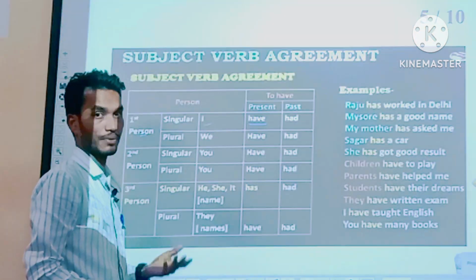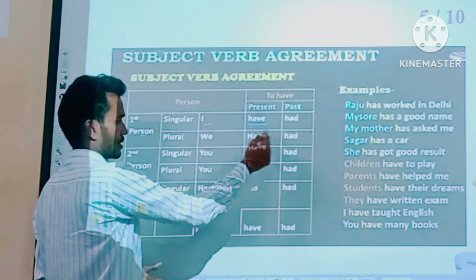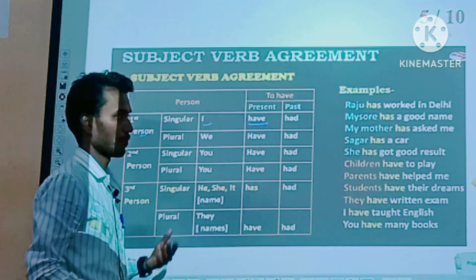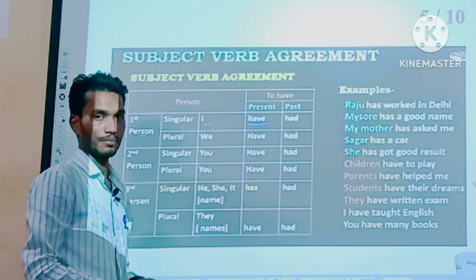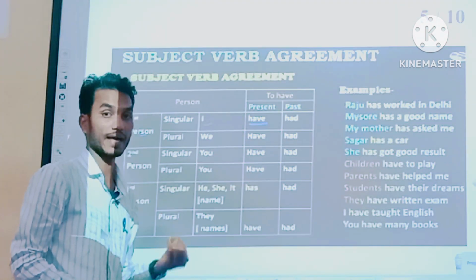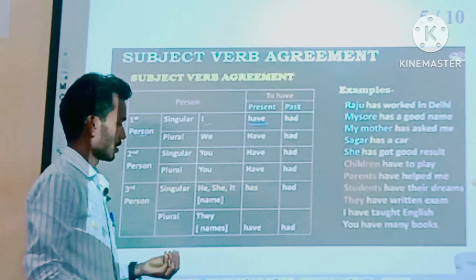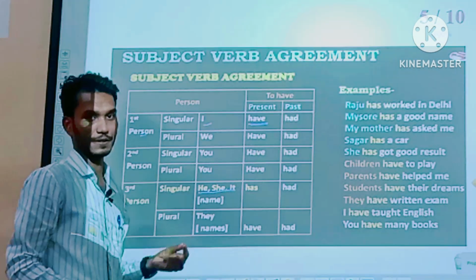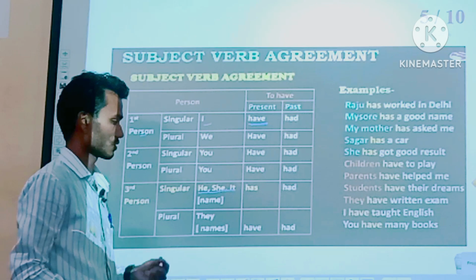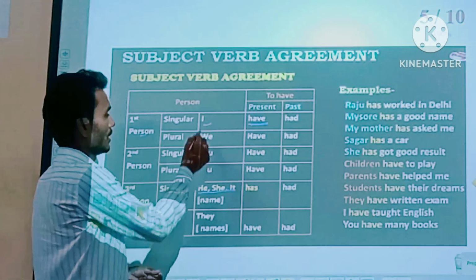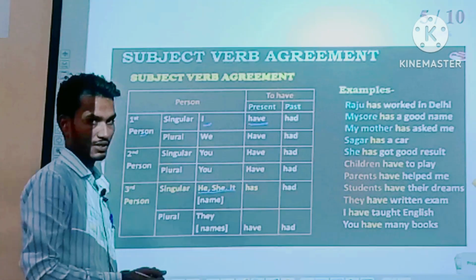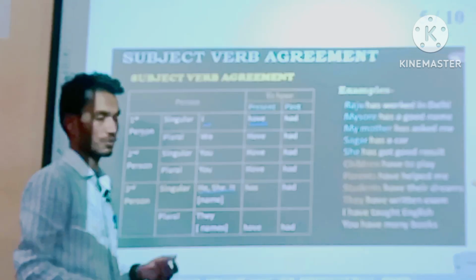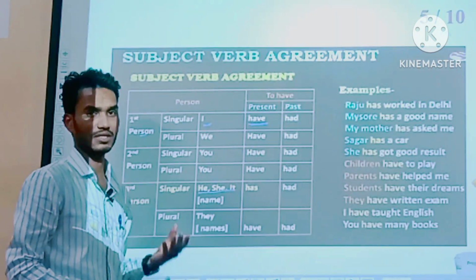I have, in present tense, it's not in past tense, right? I have a pen, right? But we should not say I has a pen, it's wrong. Here, third person singular, he, she, it, there we should use has. But in first person singular I, we should use have.